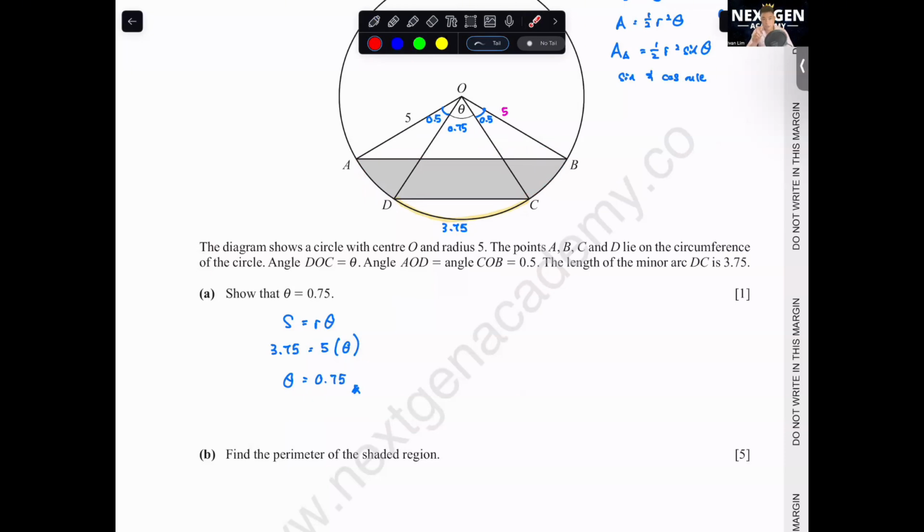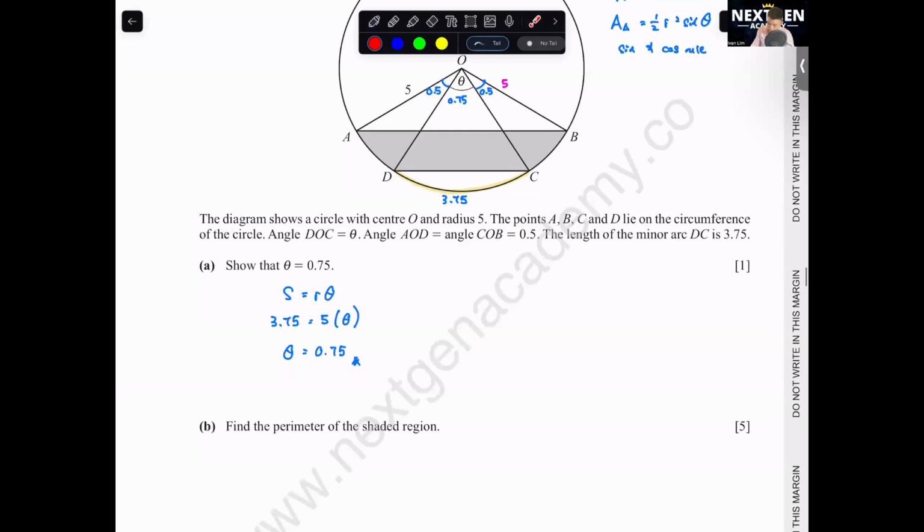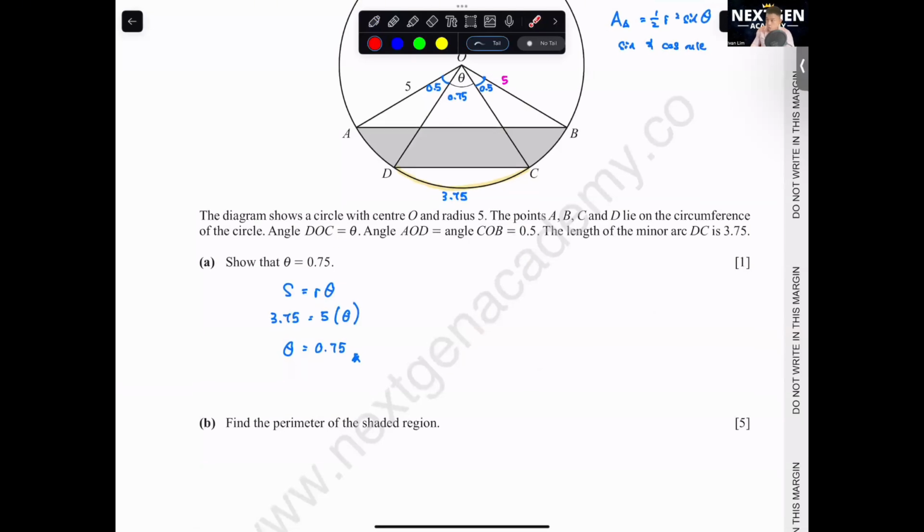Okay, what can I use over here? You can either use cos rule, or if you want to use sine rule, also can. But for me, I'm going to be showing the working based on cos rule. You need to find AB and CD first. I'm going to find AB first. I need to find the angle of AOB, which is 0.5 plus 0.75 plus 0.5, which will get 1.75.